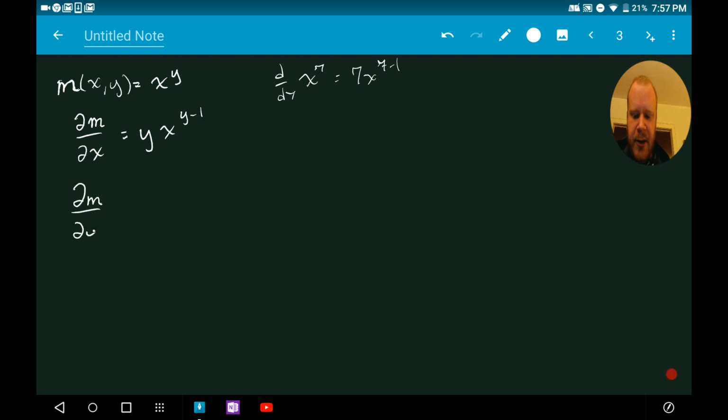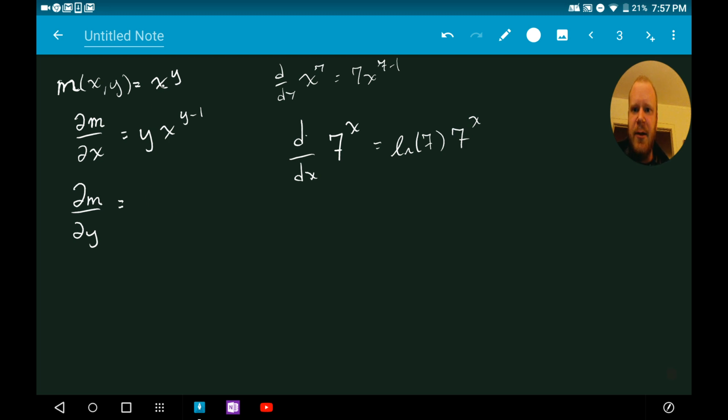This is probably the most common derivative that people forget how to do. Right, 7 to the x, so that's going to be natural log of something times 7 to the x. So it is that base, right? Whatever the base is, that's going to be what you multiply it by.